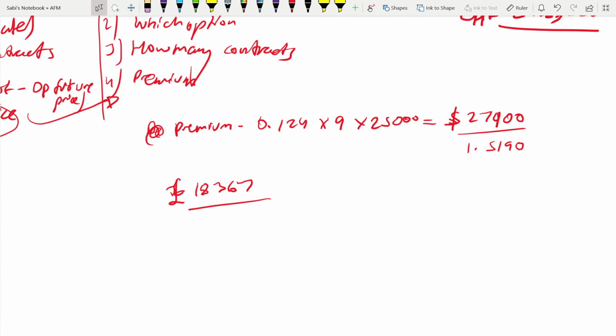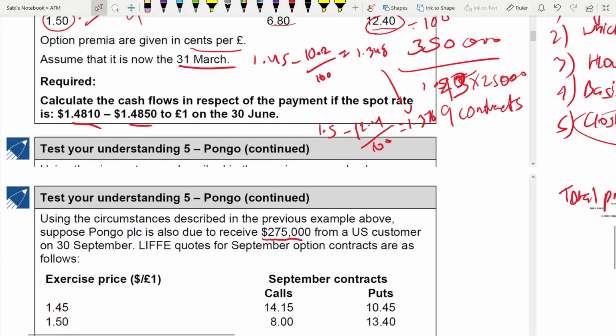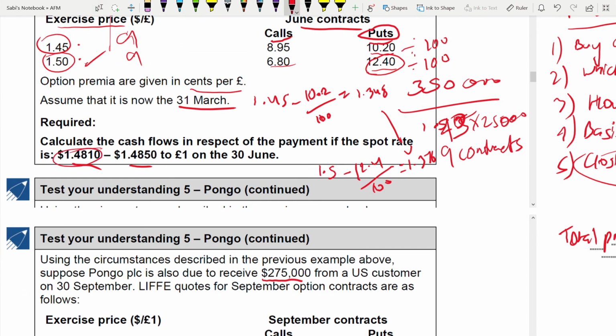First of all, you compare the exercise price, 1.5, versus the spot rate. At that date, the spot rate was 1.4810. Why 1.4810? It is this spot rate we are talking about when we are making the payment.